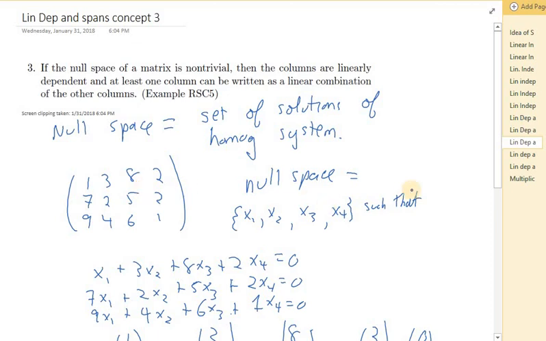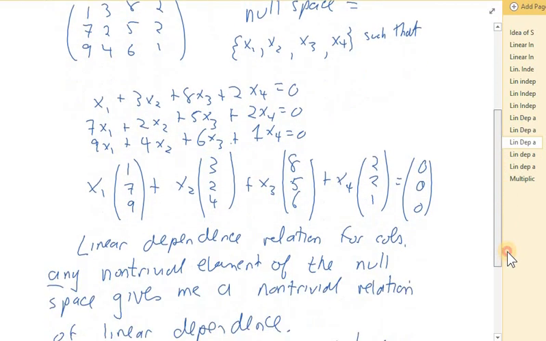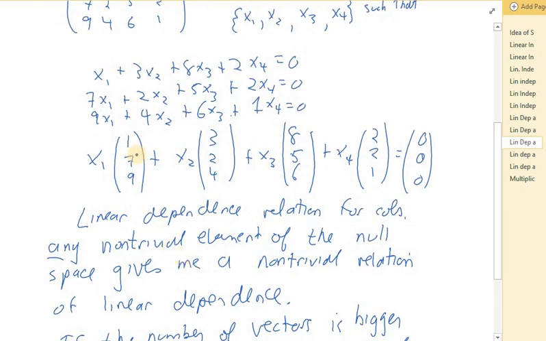Now that means I can write the system of equations in vector form: x1 times the first column plus x2 times the second column plus x3 times the third column plus x4 times the fourth column is equal to 0. I just transformed this system of equations into a vector equation. Now, this gives a linear dependence relation for the columns.